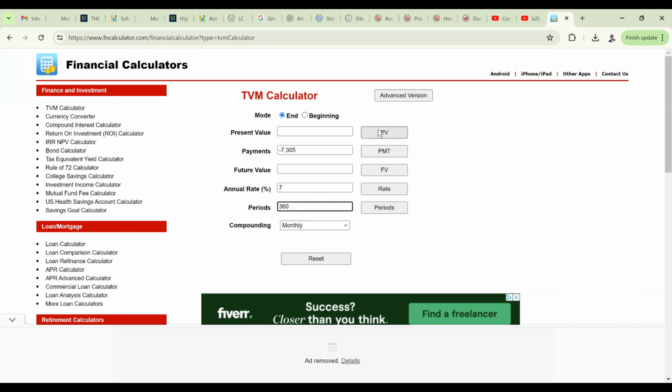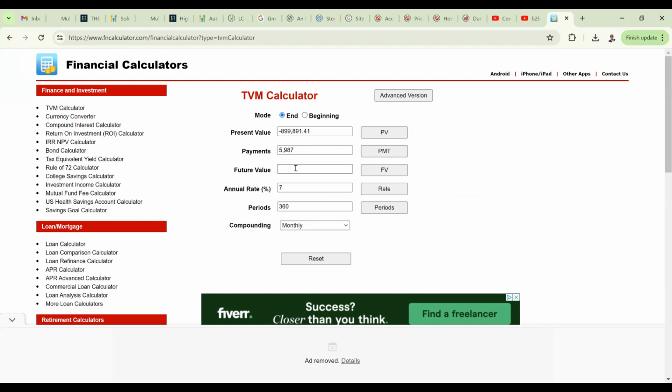If I hit that number, the PV, it's going to tell me what the loan amount I could borrow with that kind of a payment. Okay? So in the previous scenario, I think the payment was 5,987. And if I do the same thing again, hit present value, you see it tells me it's a $900,000 loan.